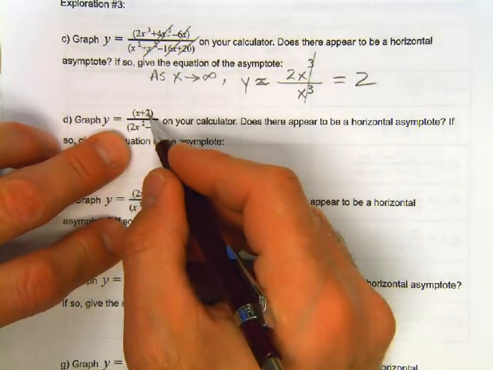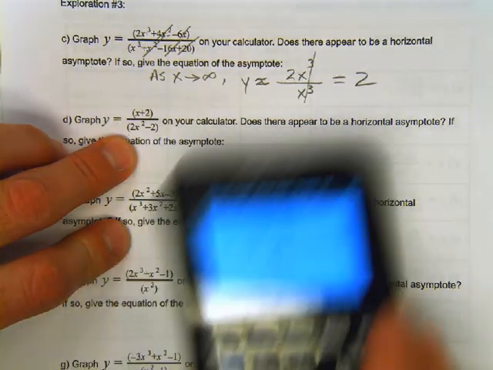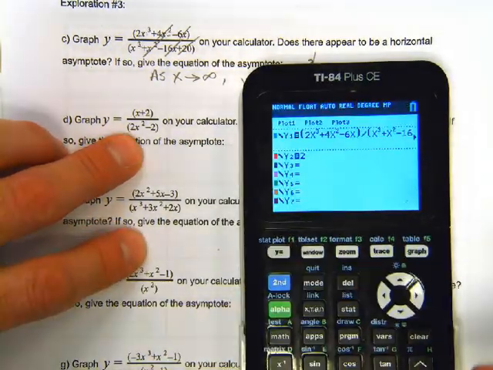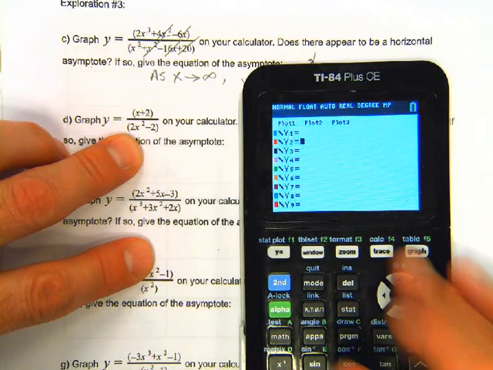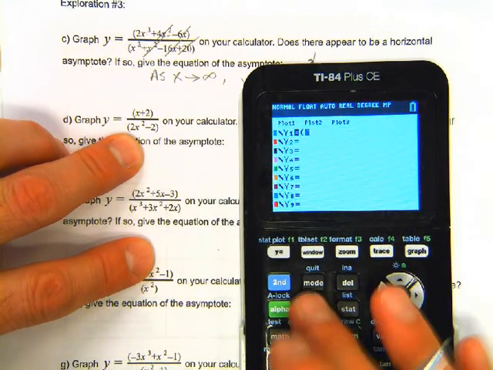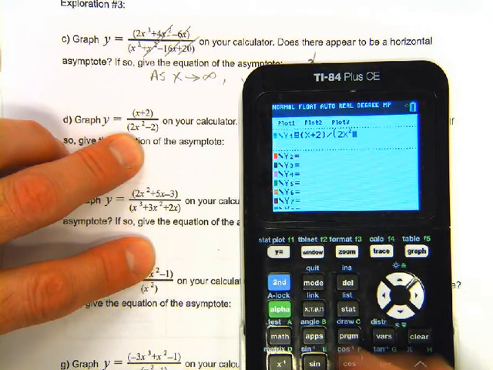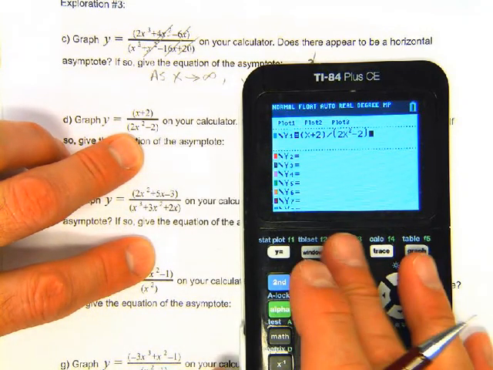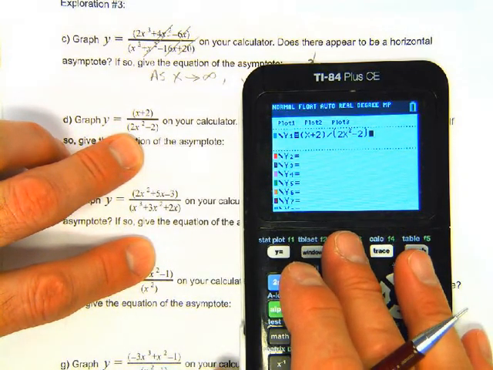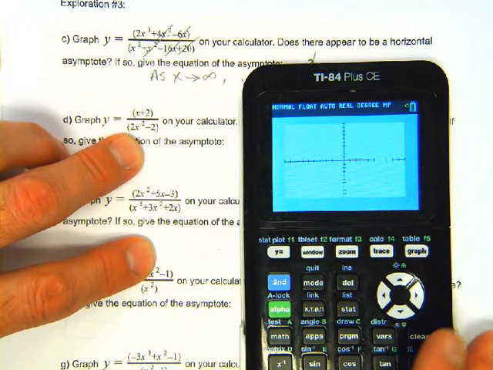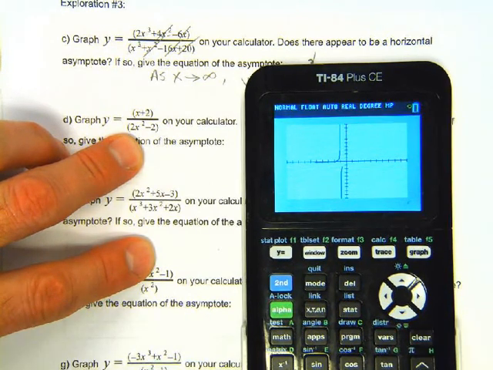Okay, graph y equals x plus 2 over 2x squared minus 2. So parentheses, x plus 2 divided by parentheses 2x squared minus 2. I'm going to reset my window, zoom 6.